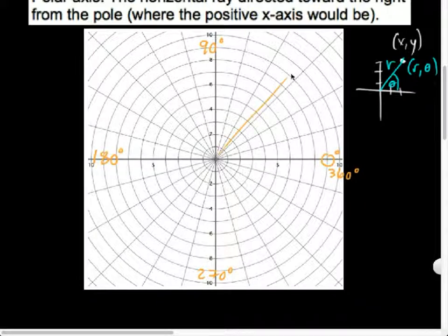So what do you suspect that this angle is? Yeah, this is my 45 degrees right there. And notice that 45 is not cut in half. It's cut into thirds. So what must this angle be? 15 degrees.